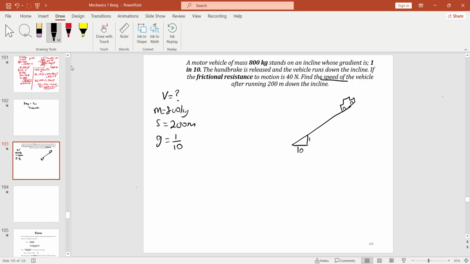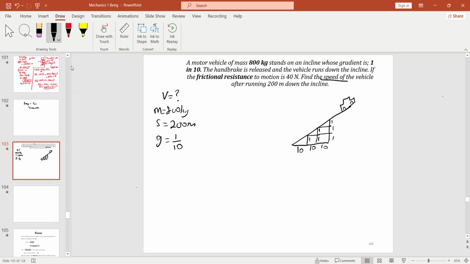So if you travel 10, then we are up by 1 meter. You travel a horizontal distance of 20, which is another 10, then we are up by what? 2 meters. 30, we are up by 3 meters. So that is what it means.